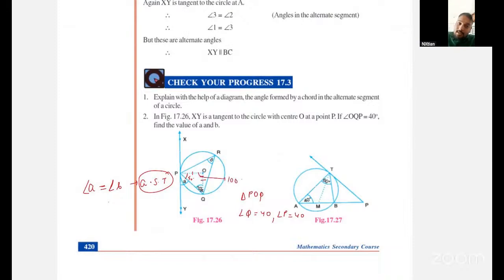Now if it is 100, we learned one theorem: the angle subtended by a chord at the center will be double the angle subtended by the same chord on the circumference.